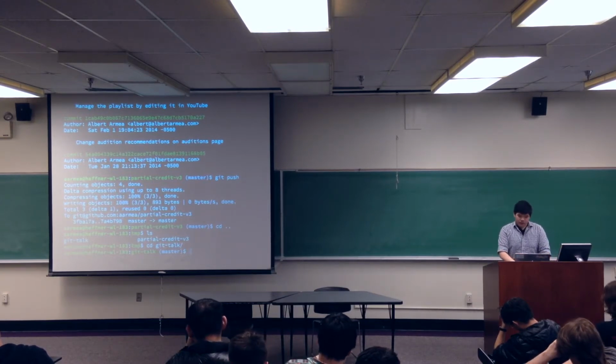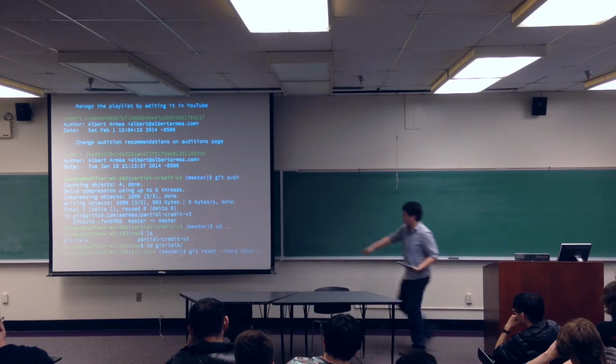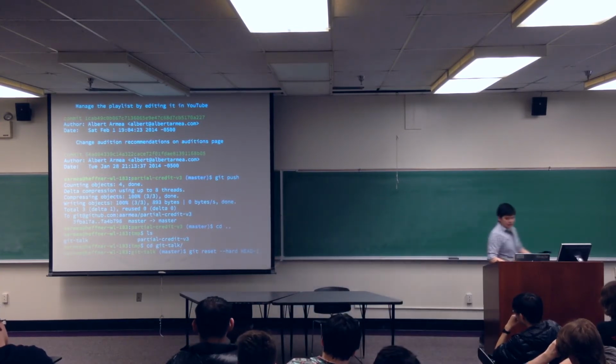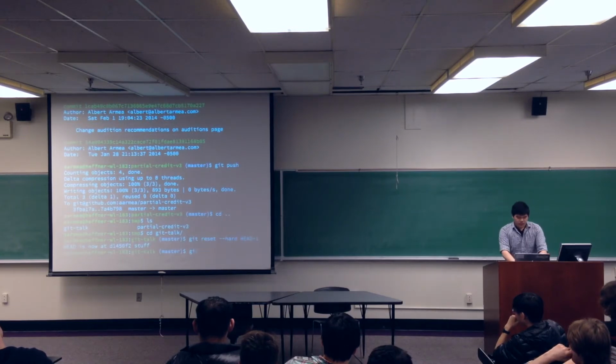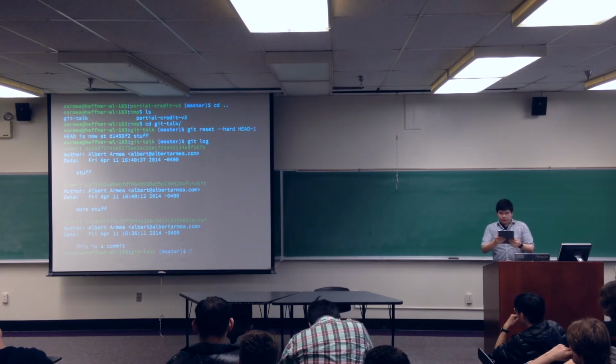We want to go back a commit. So what we can do is git reset --hard HEAD~1. The tilde notation means go to HEAD and then go back one commit. Right? Now we do a git log, and we lost a commit.